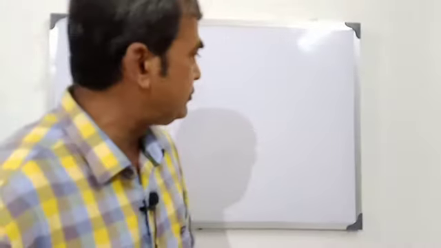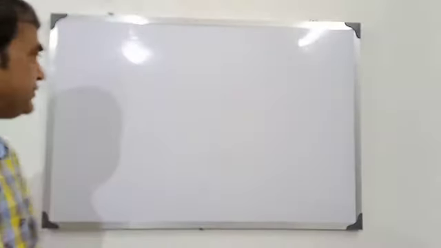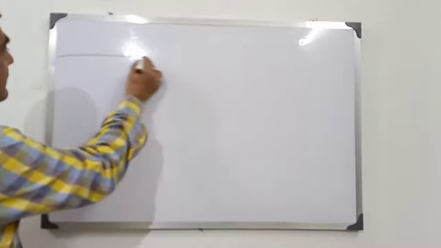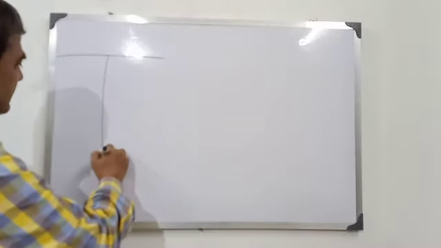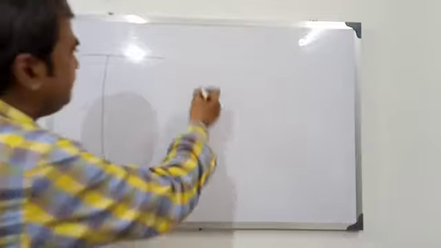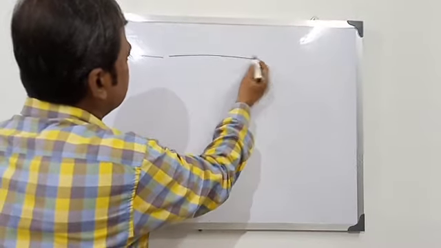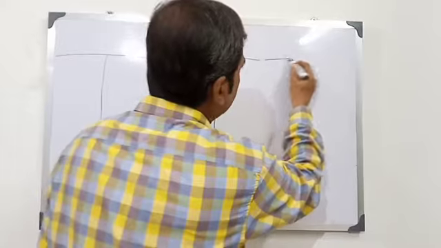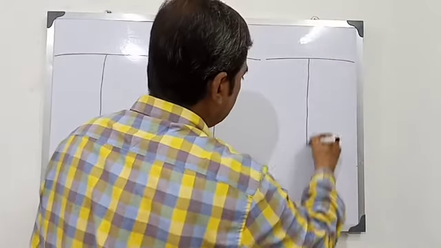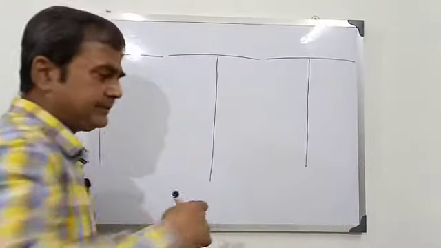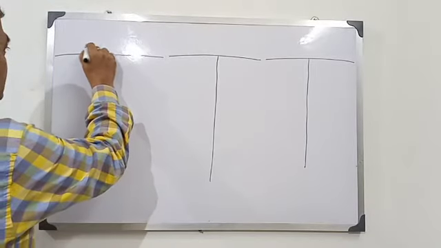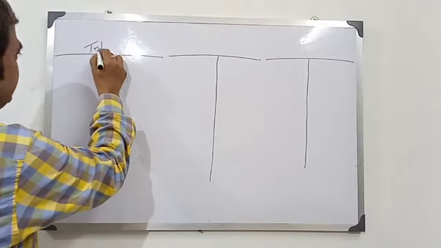Let me draw out the trading account, P&L account and balance sheet. This is the trading account, this is the P&L account, and this is the balance sheet. Trading account, in short TRDG.